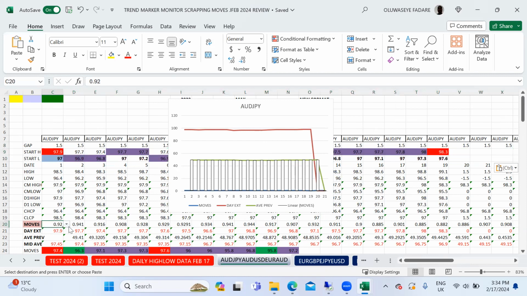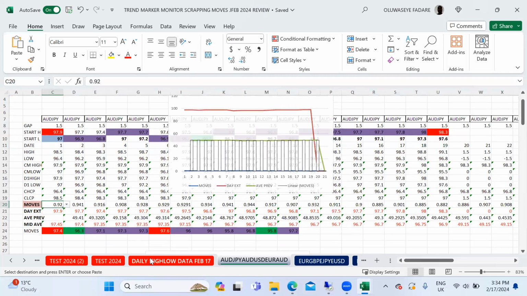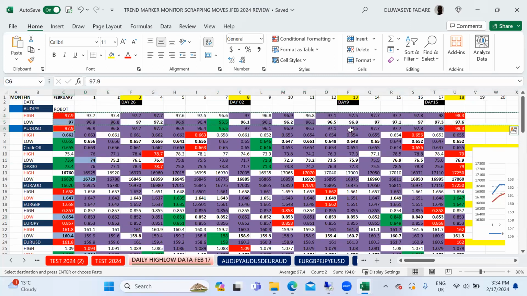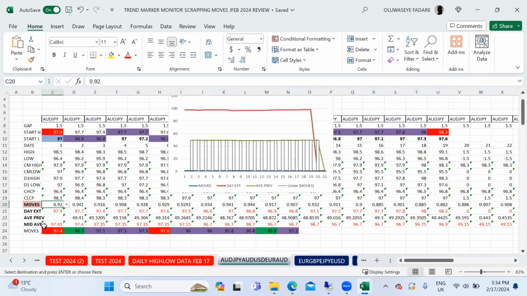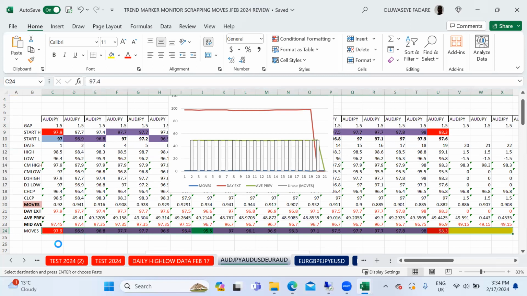Then we have the moves. The moves are all the colored aspects, which is what we've been able to do on this line. So we are going to copy the moves and paste them here. Can you see that? So we've got the moves in.